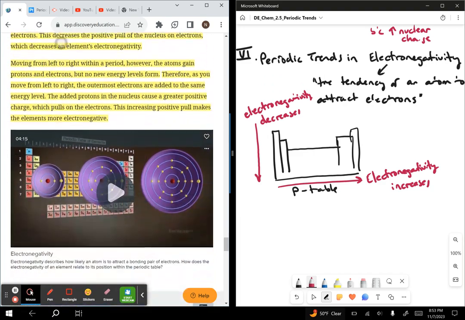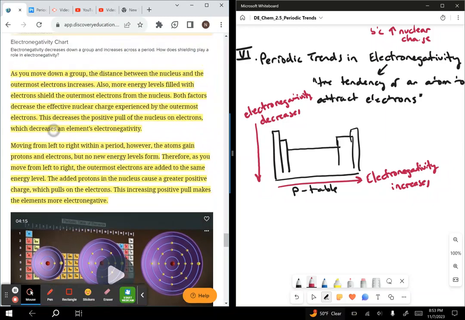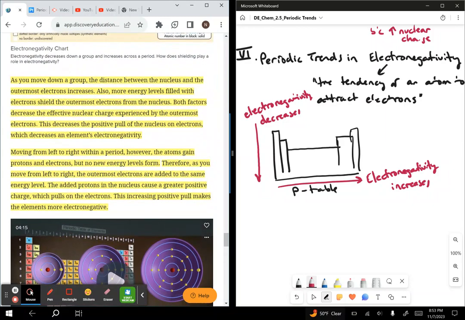This is going to be our last little bit of notes for these two paragraphs. As you move down the group, the distance between the nucleus and the outermost electrons increases. Also, more energy levels filled with electrons shield the outermost electrons.